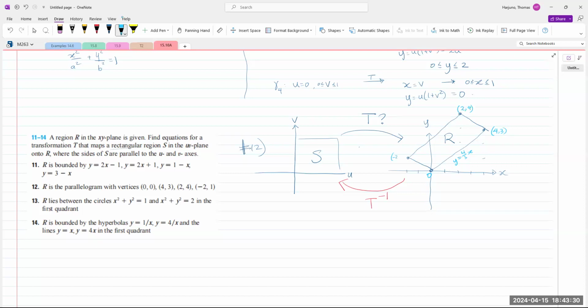This is negative 2, 1. So what is the equation here? This is y equals 4 over 3 x plus what? Plus something. Let me see. At 2, 8 over 3, and I want to get 4. So plus 4 over 3.